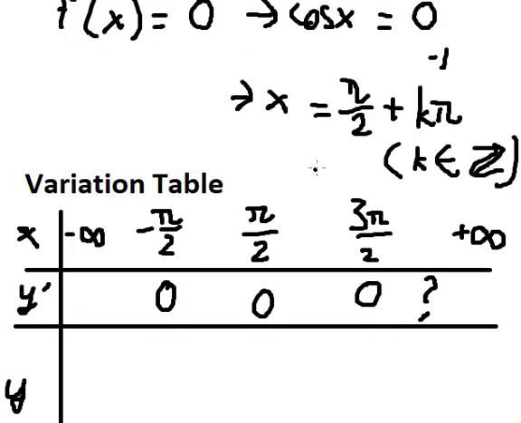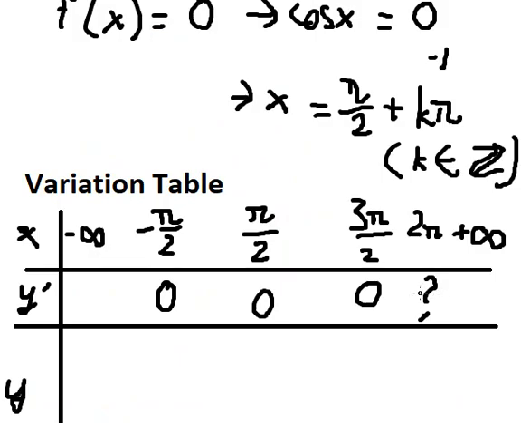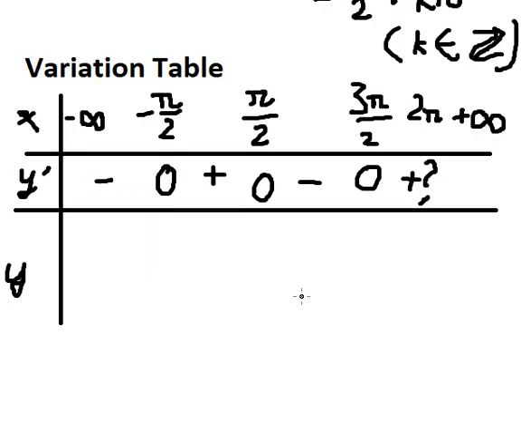So I will choose 2 pi here. I put 2 pi back in this one, and we get positive 1. So the sign here is positive. So going across, we have negative, positive, negative.